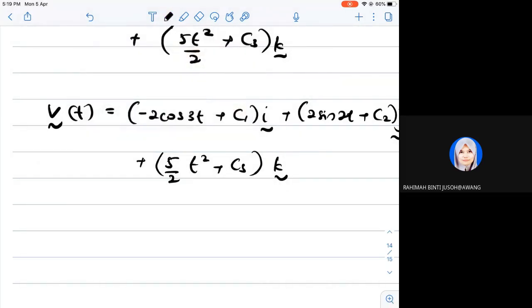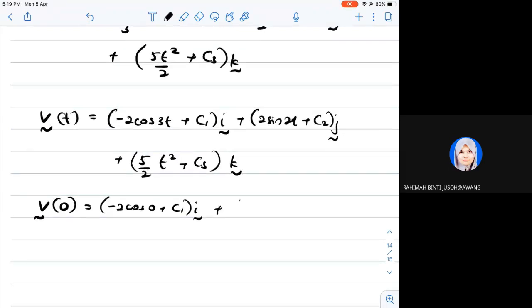So you kena gantikan t equals to 0 dalam V(t) kita ni. So we have V(0) negative 2 cos 0 tambah C1 i tambah 2 sin 0 tambah C2 j. Oh, sorry. Apa ni?